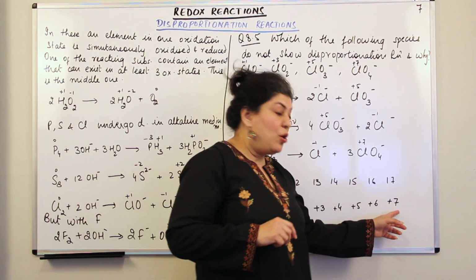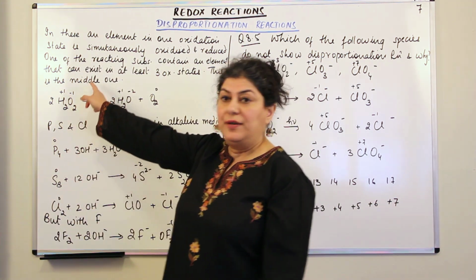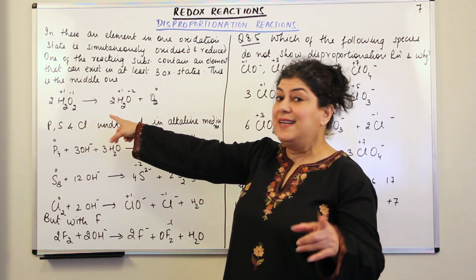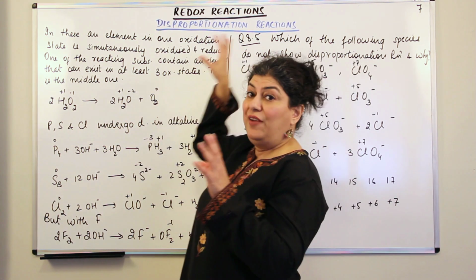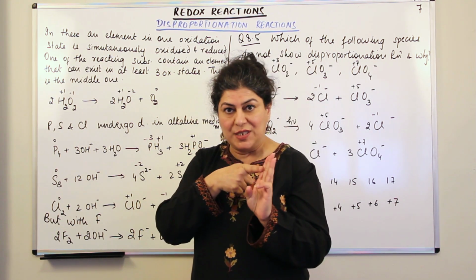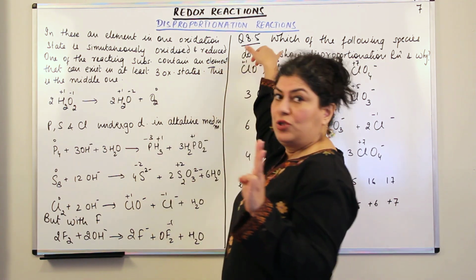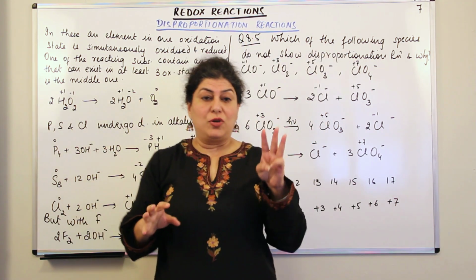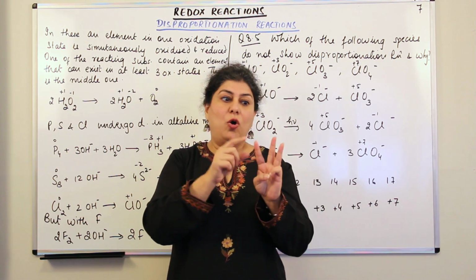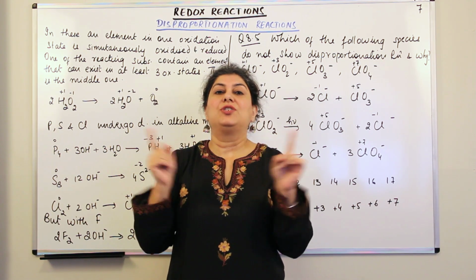Being the highest oxidation state, what was our condition when we carried out the disproportionation reaction? We said that if it is the reactant, then this substance should have at least 3 oxidation states. Yes, we noticed that chlorine does have 3 and more oxidation states. But if it is the highest oxidation state or the lowest, it will not disproportionate.